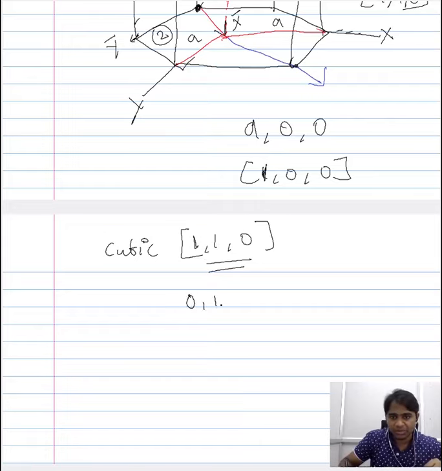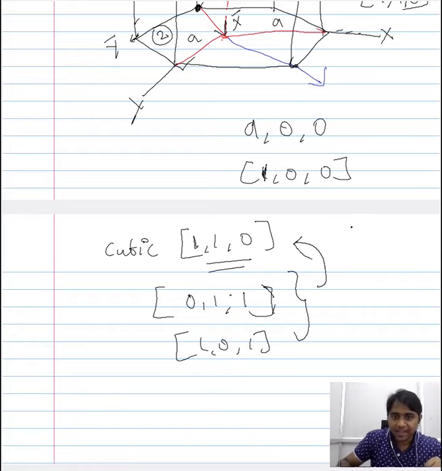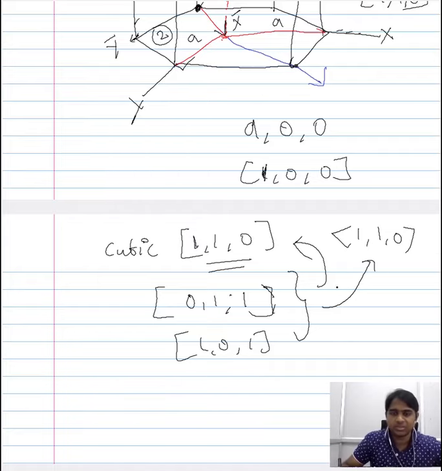So it can be 0, 1, 1 or 1, 0, 1, and all these permutations will constitute the family of 1, 1, 0 directions.